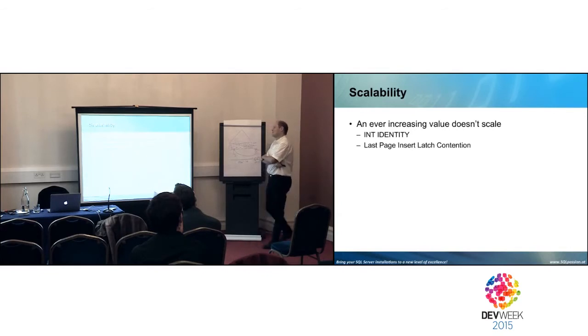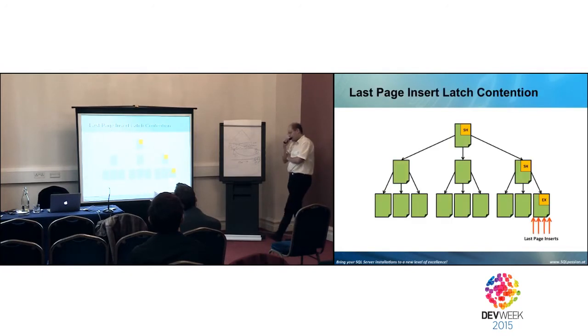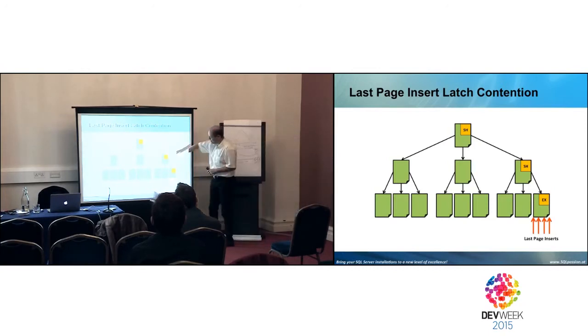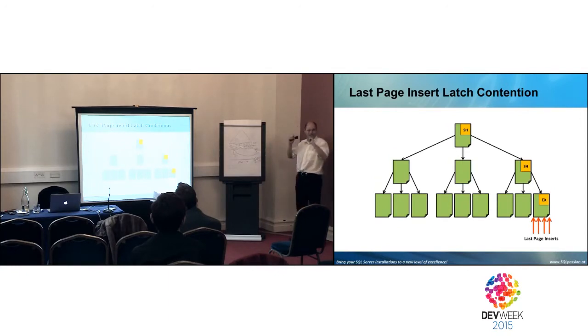The problem is called the last page insert latch contention. When we insert rows at the very end of our clustered index, you generate a single hotspot at the very end, because all your records are just inserted at the last page. Makes sense. 1 comes before 2, 3, 4, 5, 6, 7, 8.